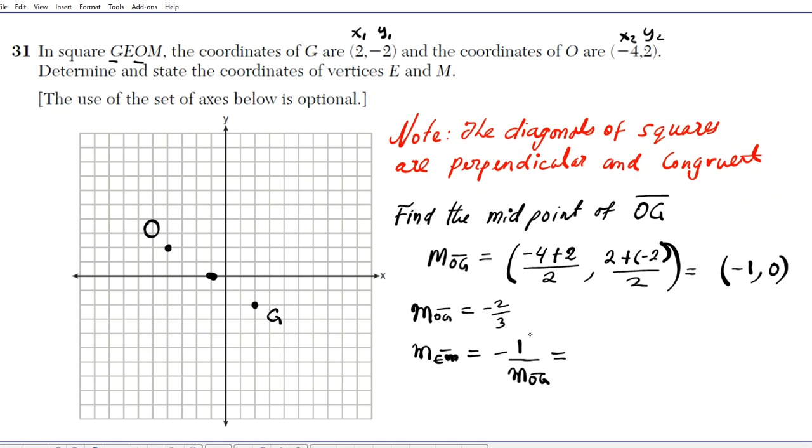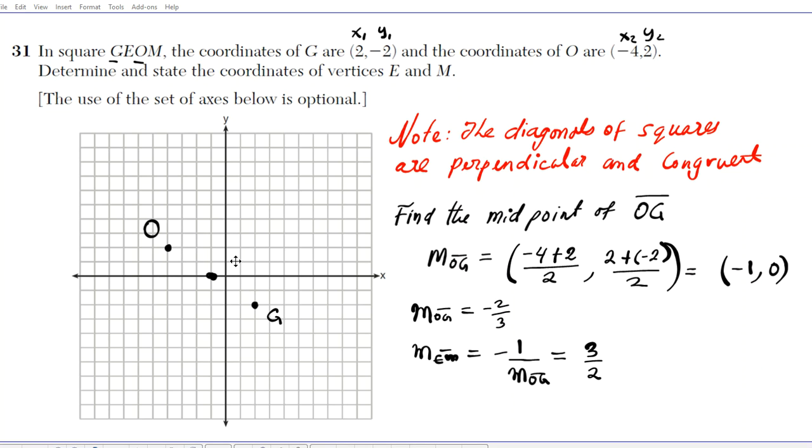The negative reciprocal of -2/3 is simply 3 over 2. So if I want to go from the center to any of the vertices, E or M, I just use 3 over 2.